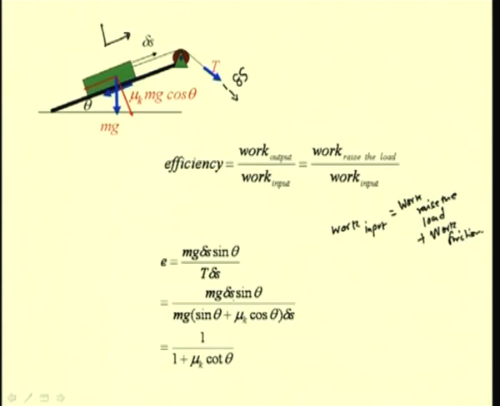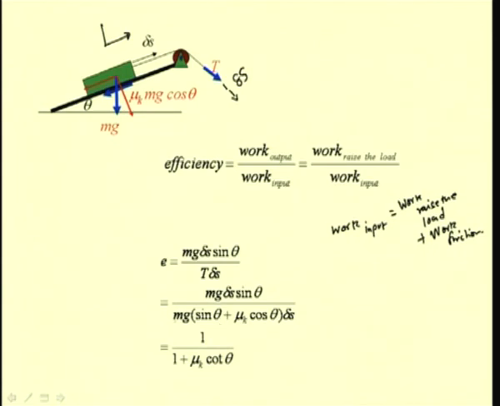The work done to raise the load is mg delta s sin theta, and the work done by this frictional force, mu k mg cos theta, which is in the negative direction of this positive virtual displacement delta s, gives us plus mu k cos theta mg delta s. The common terms mg and delta s have been taken out of this expression.